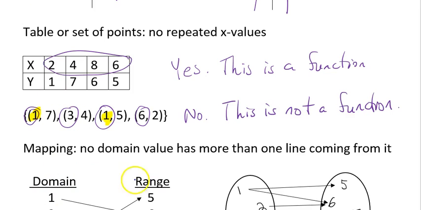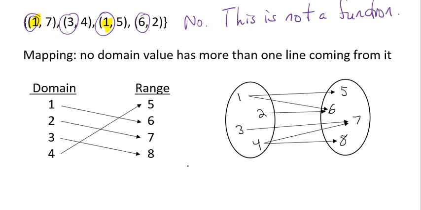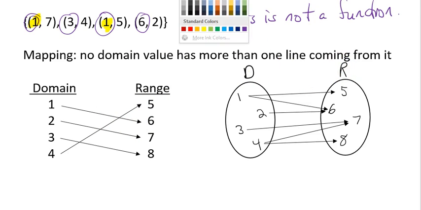Okay, the next thing we're going to look at is a mapping, which you may or may not have seen before. A mapping shows a domain and a range, and it has arrows drawn from one to the other. I probably should label this one D and R for domain and range.